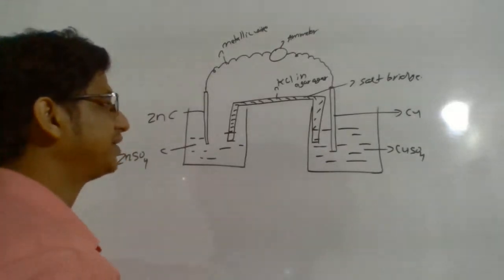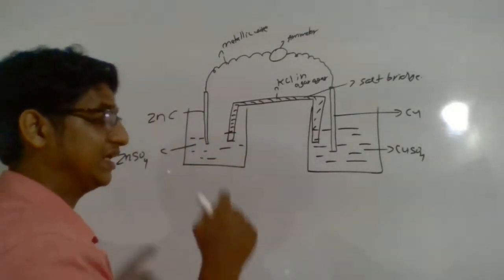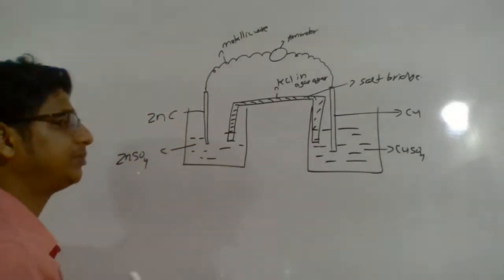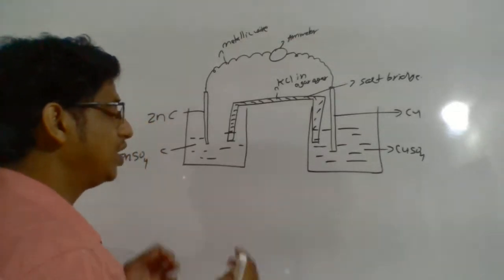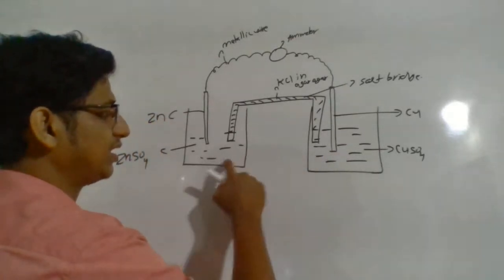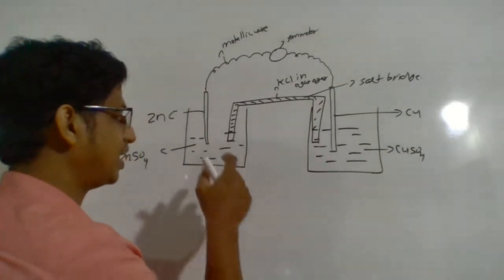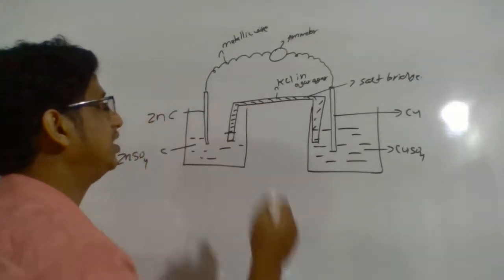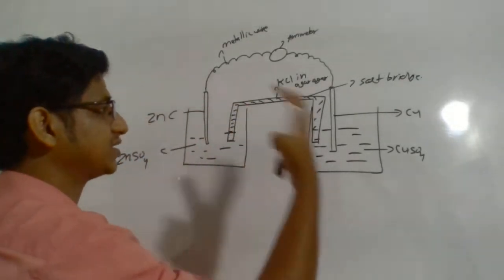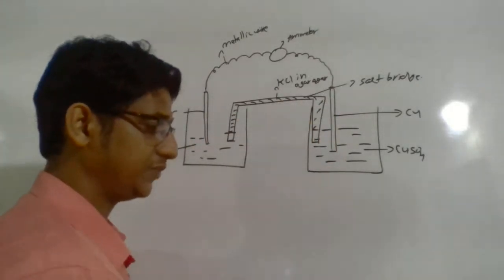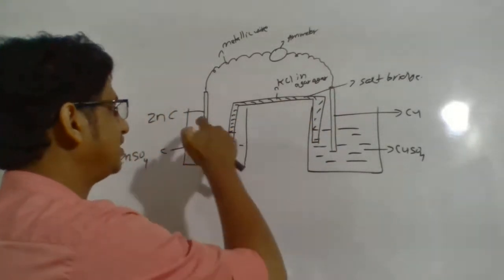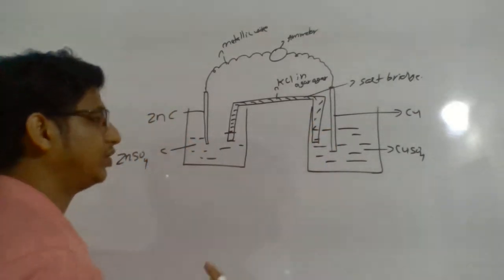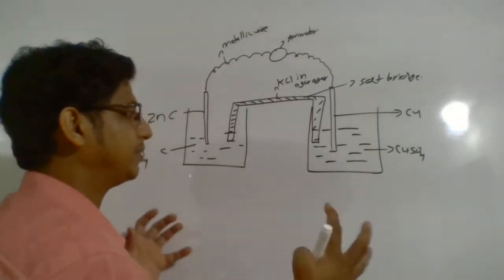Very important, understand this. The salt bridge connects these two solutions internally, and it also makes sure that no excess charge develops in each half cell. It doesn't allow particular ions to accumulate in each half cell. This lets us understand the natural tendency of the two electrodes, because if the same electrode is taken on both sides, for example zinc in zinc sulfate and zinc in zinc sulfate, it doesn't make any difference, since no real potential difference develops between the two electrodes.